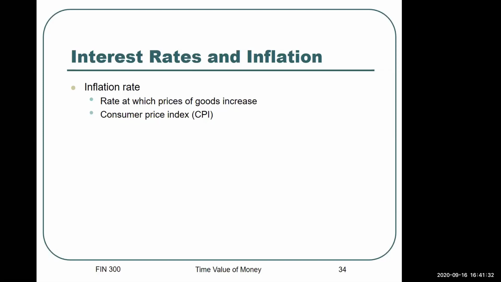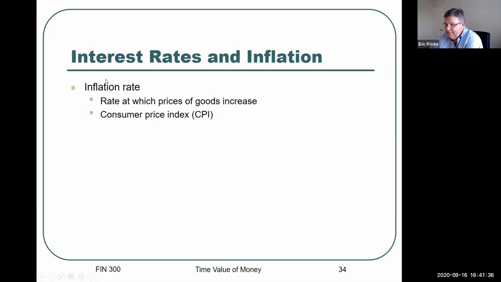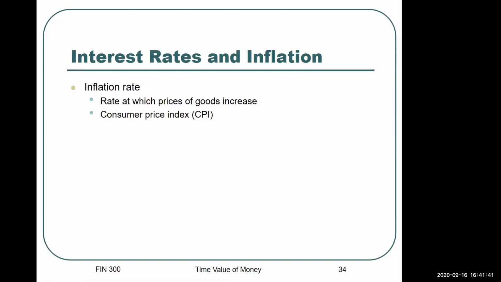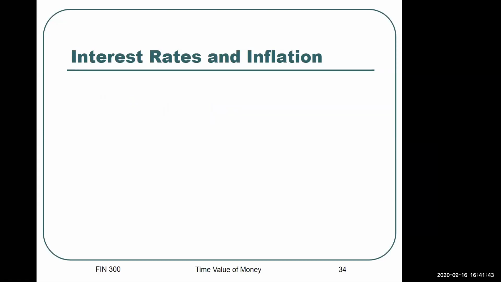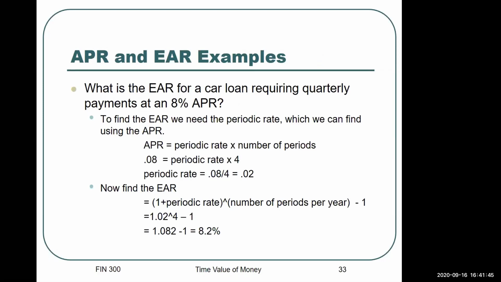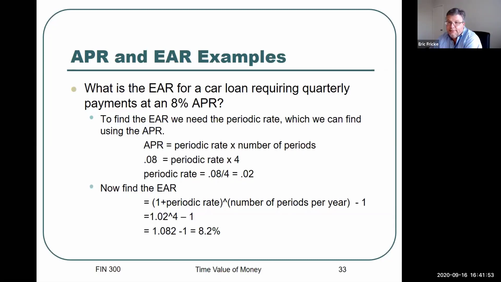Wait, I have another question. So the slide before this one about the EAR equation, when you said the periodic rate is times 4, is it always going to be times 4? Only when it's quarterly. Exactly. Okay, never mind, I answered my question.